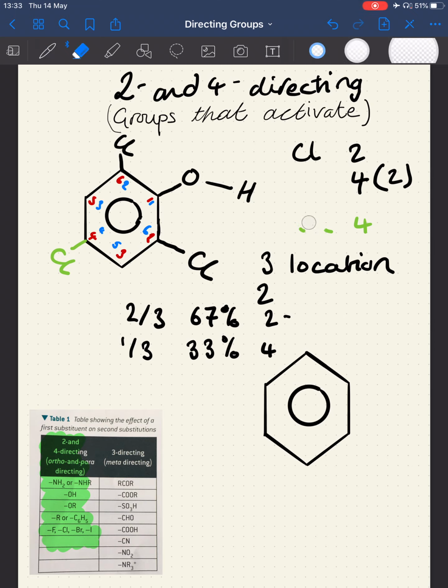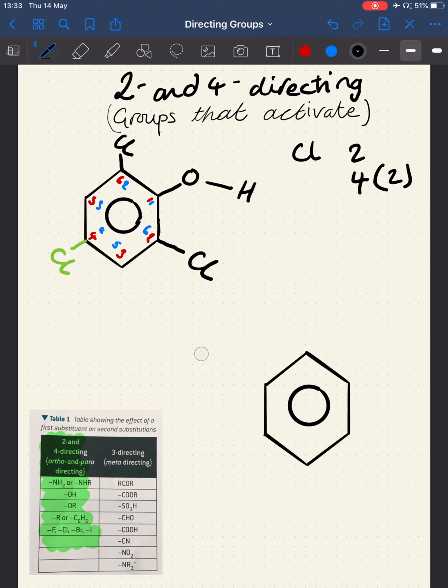Let's have a look at this in terms of the amine. So amine, NH2. The nitrogen's got a lone pair of electrons.